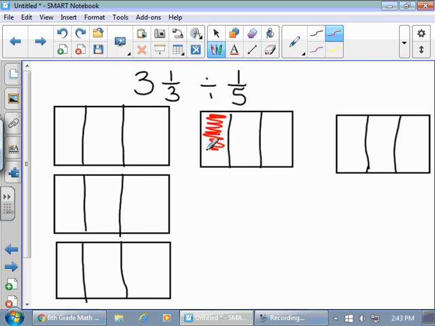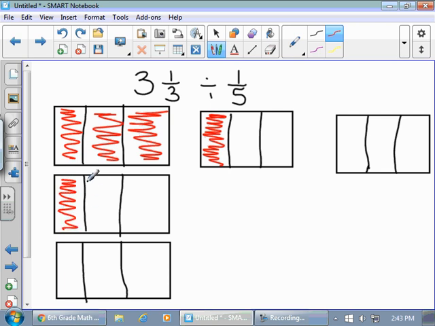So here's going to be my 1/3, and then I'm going to color all of these rectangles. Yes, but not yet. You got to color that one first.